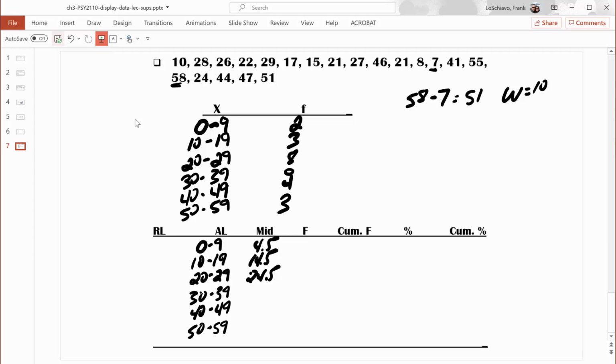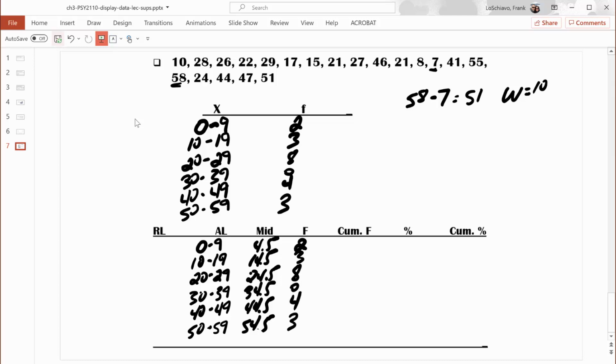Once we found that first midpoint at 4.5, we can see every other midpoint is exactly 10 points down the number line. So this next one will be 34.5, the next one 44.5, and the last one 54.5. From above, we can see the frequencies. Let's just copy those down. There are 2 people in this interval, 3, 8, 0, 4, and 3.